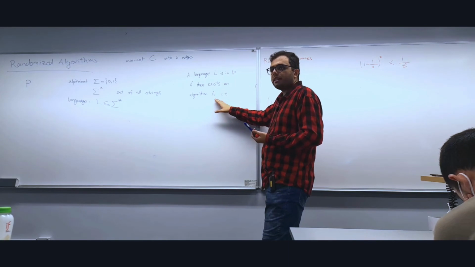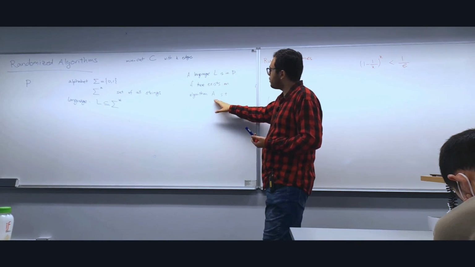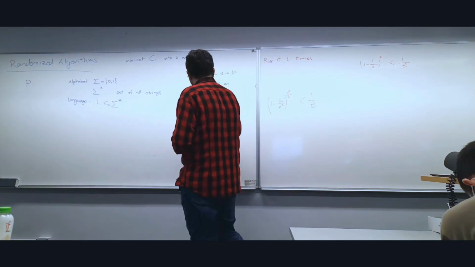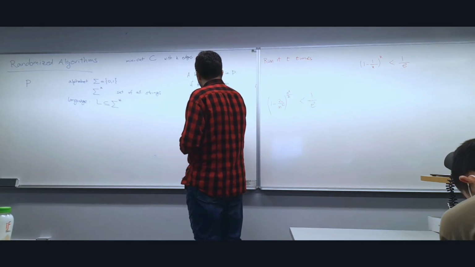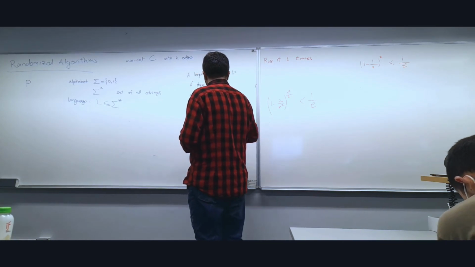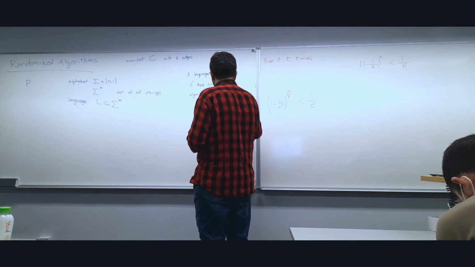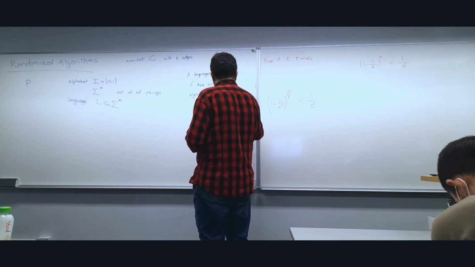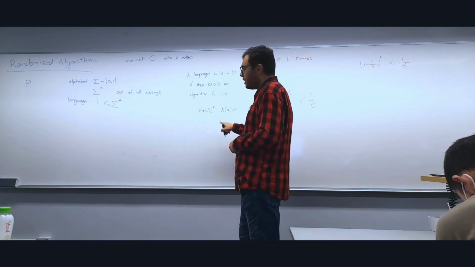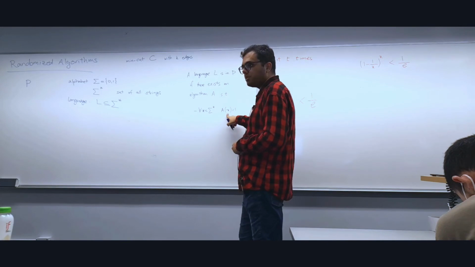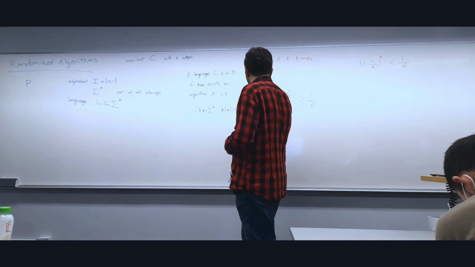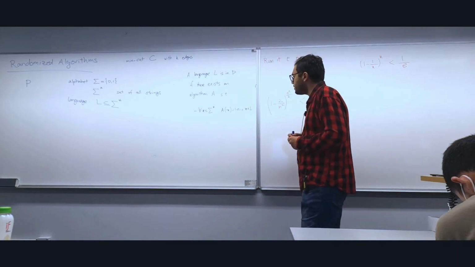I want this algorithm to accept exactly the set of strings that are in my language. So the first condition is that for every x in sigma star, A accepts x. I write A of x equals 1, meaning that A outputs 1 given the input x, if and only if x is in L.